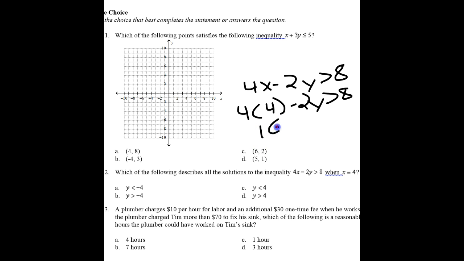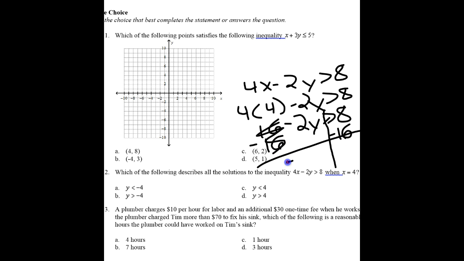4 times 4 is 16, so I have 16 minus 2y is greater than 8, and to get that minus 2y by itself, I have to move this 16 over. I'm going to draw my line. To move it over, I'm going to subtract 16 from both sides, and I end up with negative 2y is greater than 8 minus 16 is negative 8.